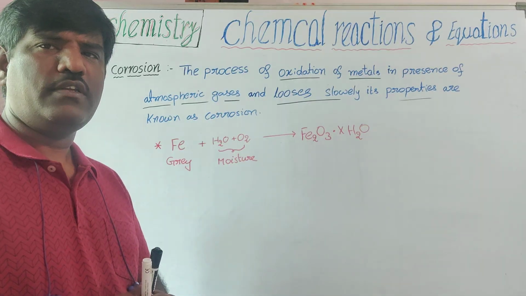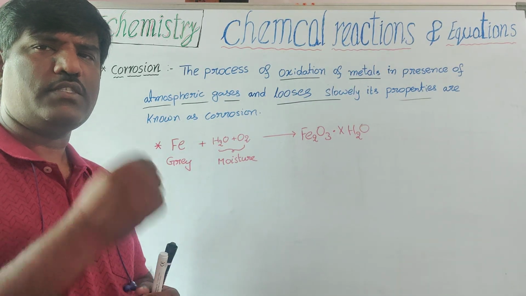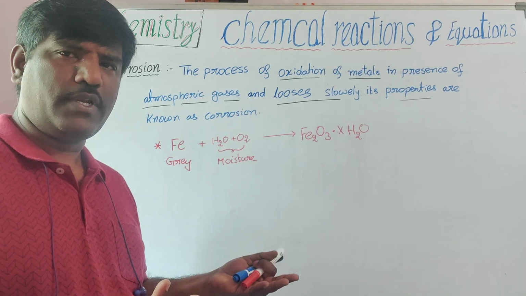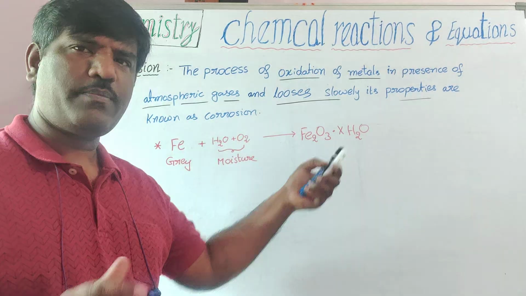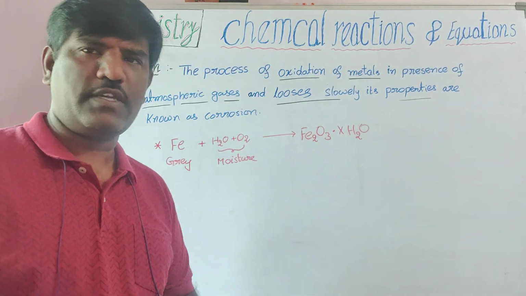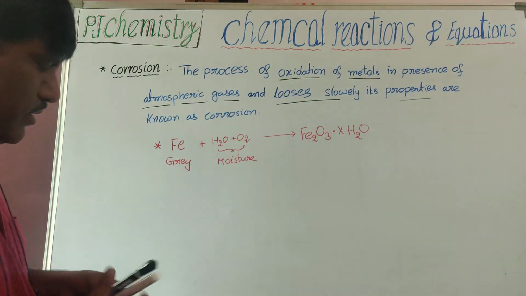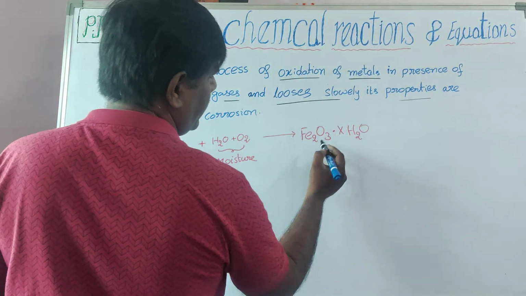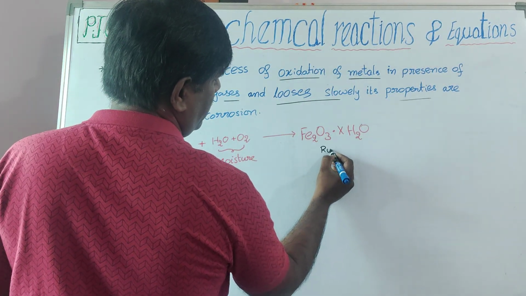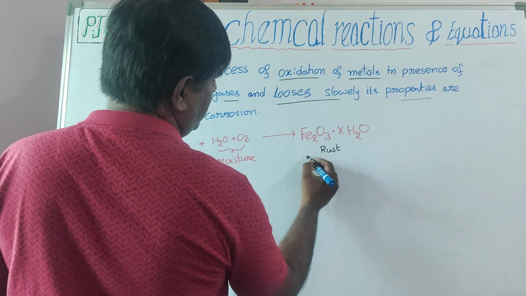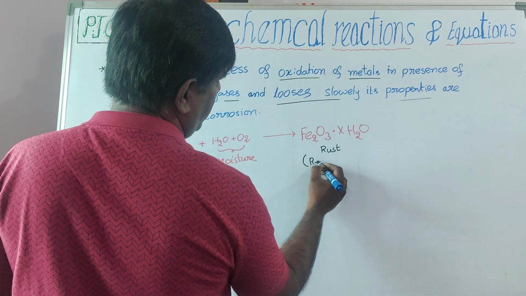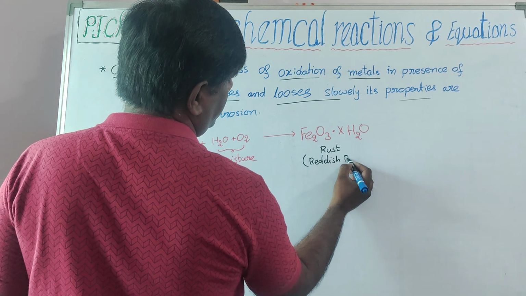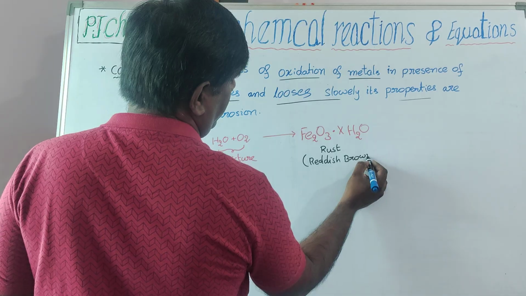For example, in summer season the atmosphere contains less water content, and in winter season the atmosphere contains more water vapor. So that x depends upon the season and differs from place to place. This we call rust. Rust is in which color? Reddish brown color.